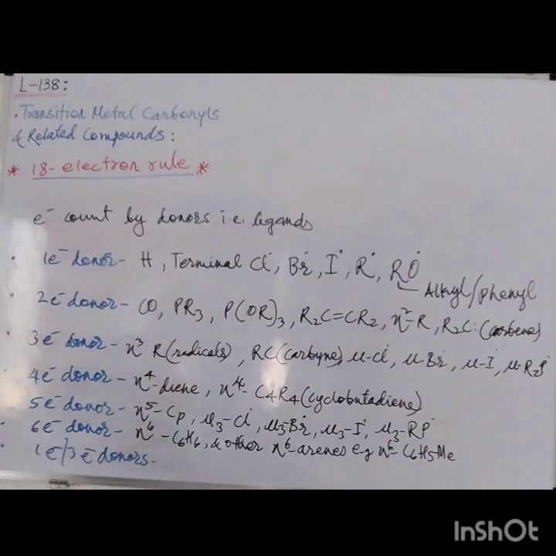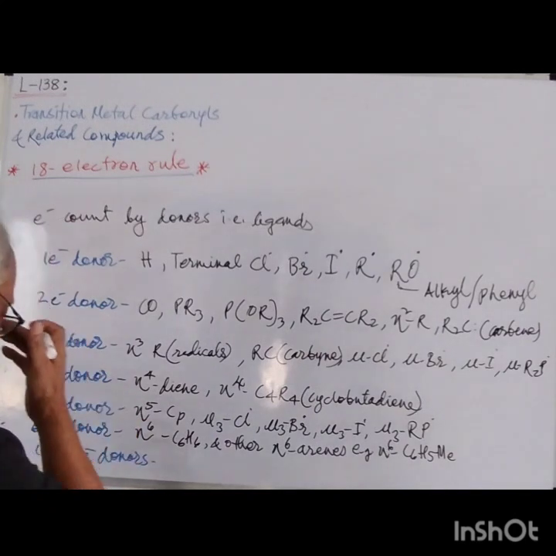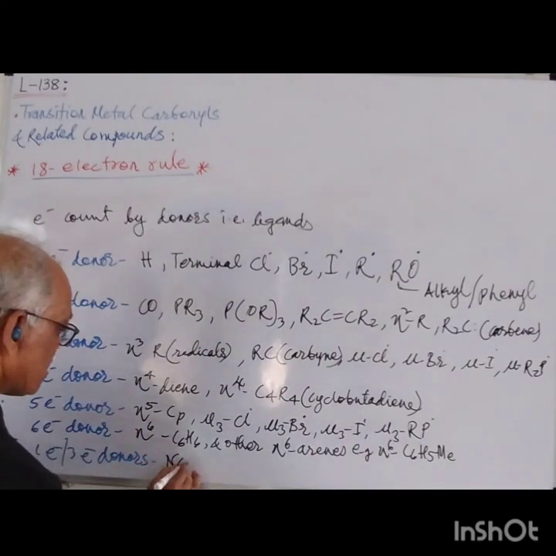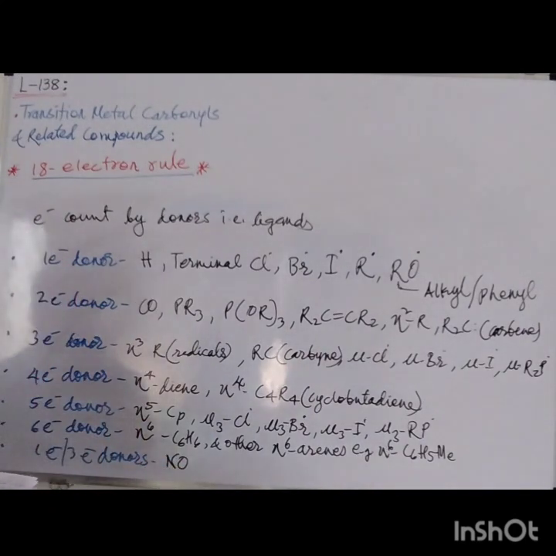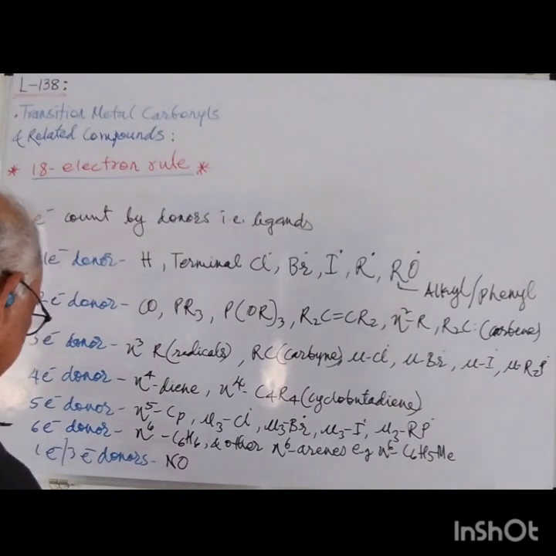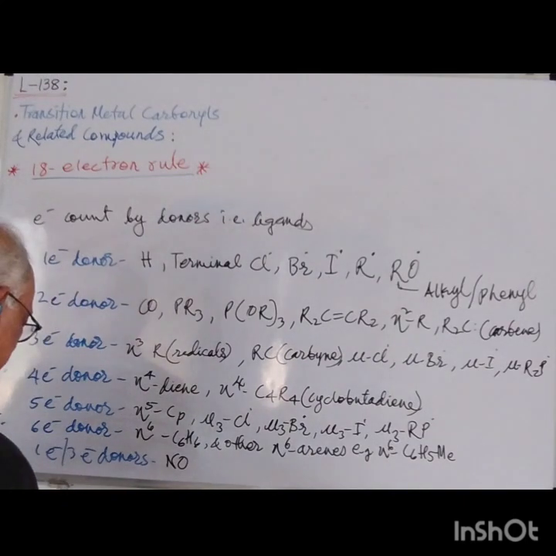Now, the electron donors. So there is this NO, nitrosyl, which is having 2 electrons and 1 electron donor like this. 1 or 3 electron donors.